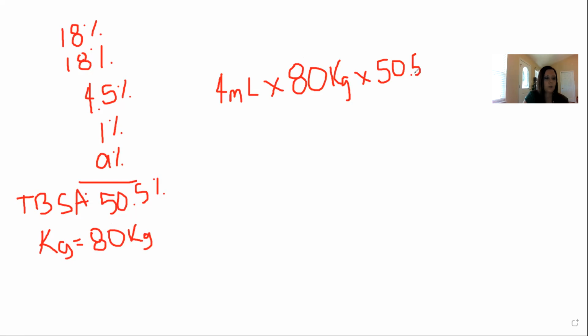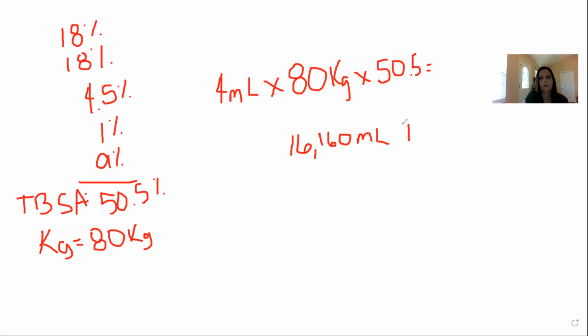Don't change it to your percentage. So what do you get? It's going to be a very large number, so expect that. So if you get a large number, don't be alarmed. So if you times all those, you get 16,160 mLs. So that's our total, remember?